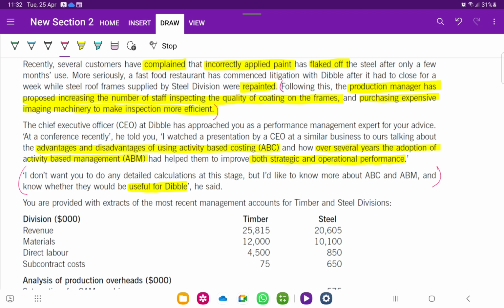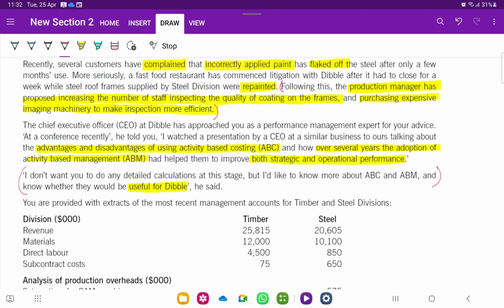So while writing the answer, it's really very important to start your answer with a basic introduction of ABC or ABM, whether it's required by the question or not. Sometimes you are just supposed to start with the application process, whether ABC will be applicable for the company or not. But still, you have to write 2 to 3 lines for this concept, because the company is not using it.